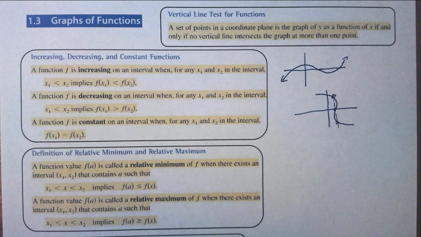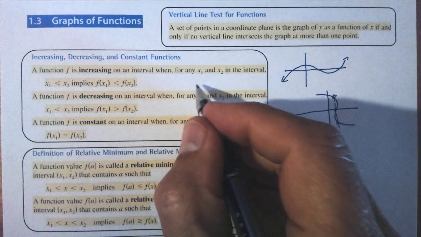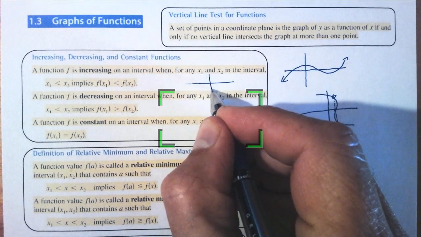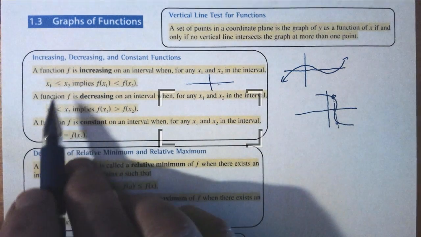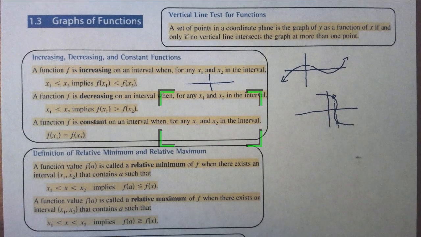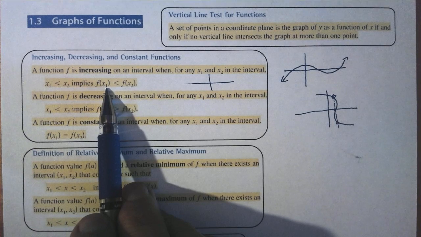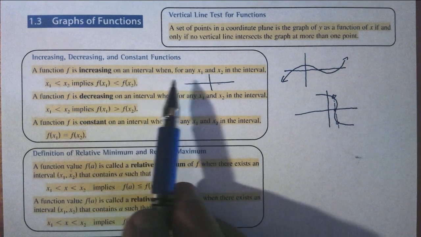Well, that is a mouthful and doesn't really make a whole lot of sense to me when I think of it that way. But when I think about x's being right and left, let me put a little graph grid in here. X's are points to the right and left, and f of x's, where f is just a fancy name for y, are heights of the graph. Here's what this says.